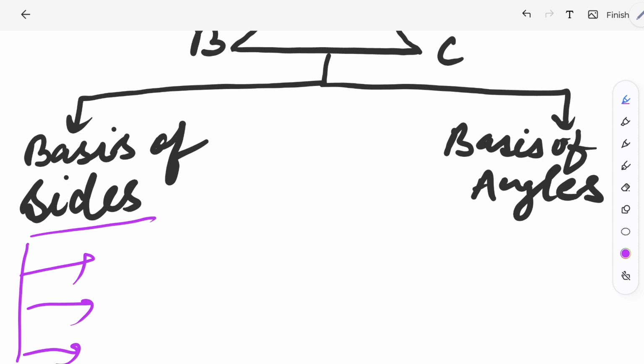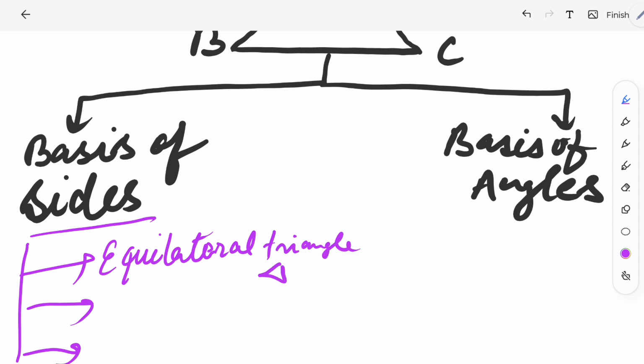If all sides of a triangle are equal, it is an equilateral triangle. Lateral means sides, equi means equal, so all three sides are equal. Make a figure just beside it.